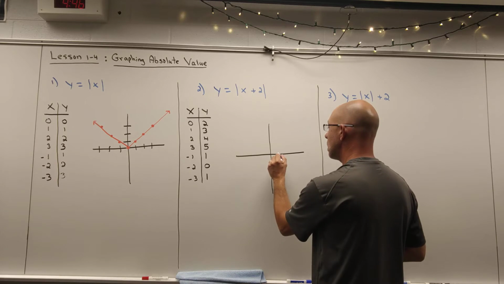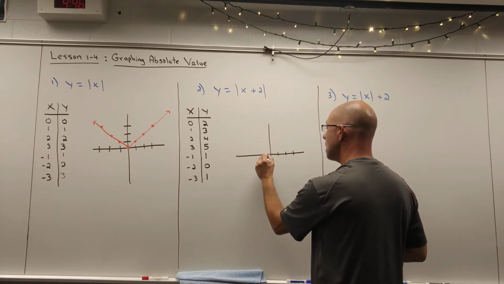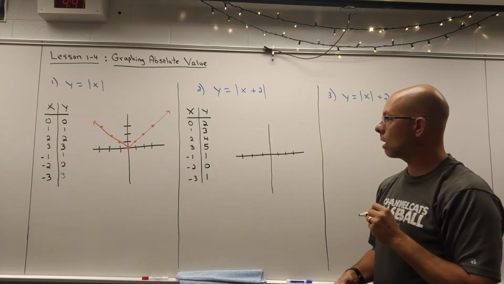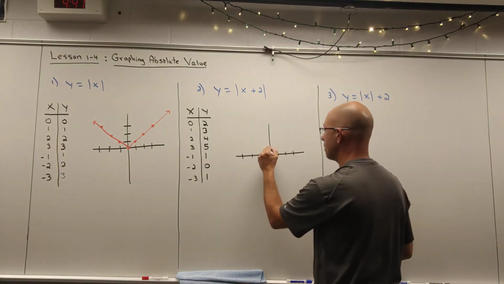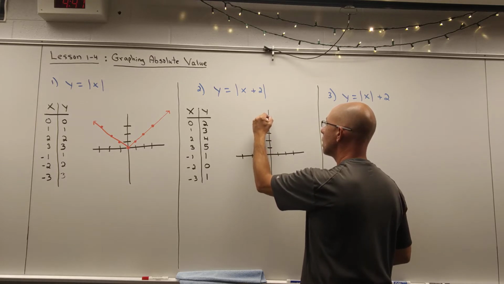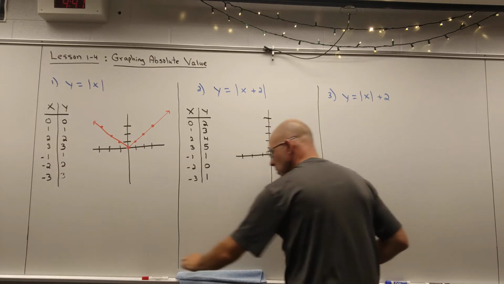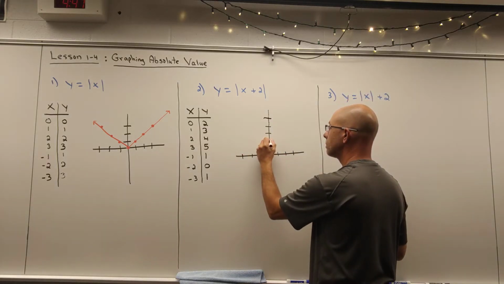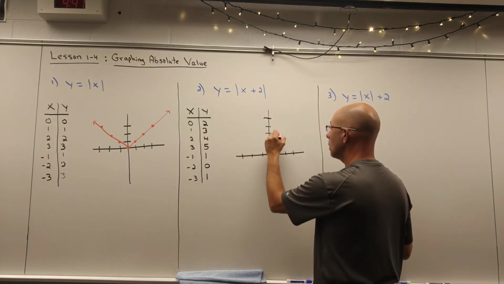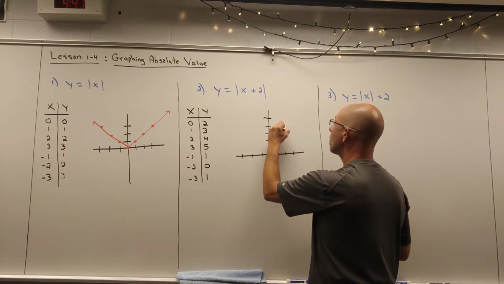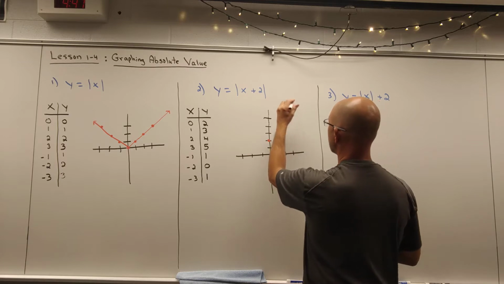The x's need to go 1, 2, 3, negative 1, 2, 3, and it looks like the y's need to go all the way up to 5 this time. 1, 2, 3, 4, 5. So if I plot these points, 0, 2, right there, 1, 3, 2, 4, 3, 5.